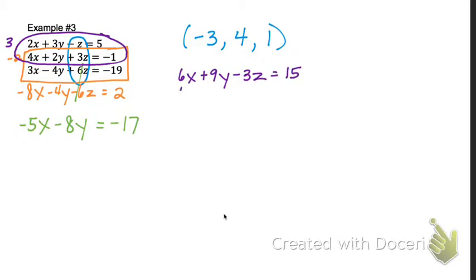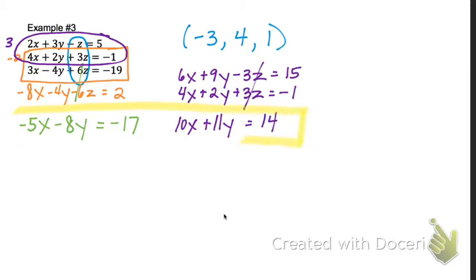And I'm going to rewrite the second equation just so I keep all of my things in order. Then I add down: 10x plus 11y equals 14. Here are my 2 equations that I can now solve with 2 variables. Elimination, substitution. I'm going to rewrite them one on top of the other because I like to stay organized so I don't make a mistake.